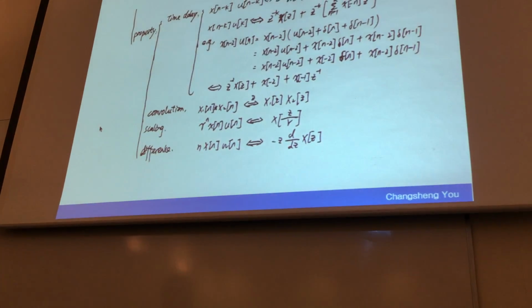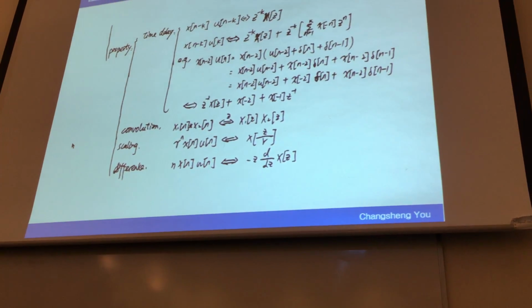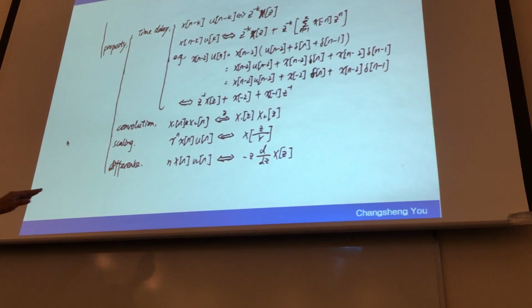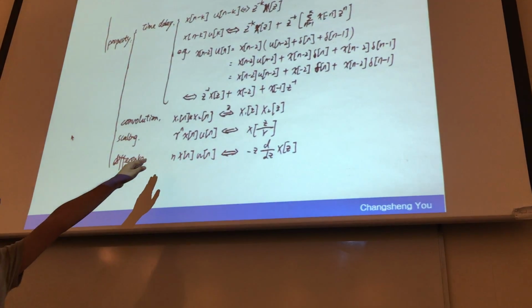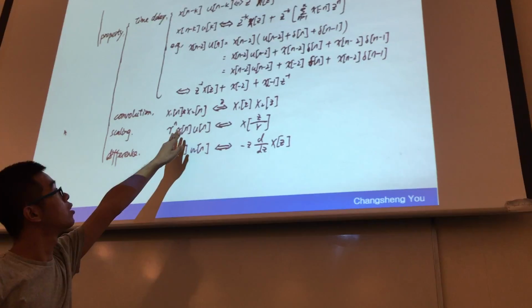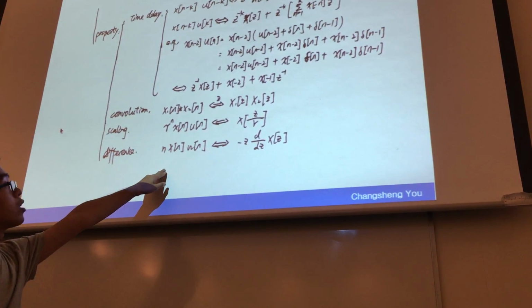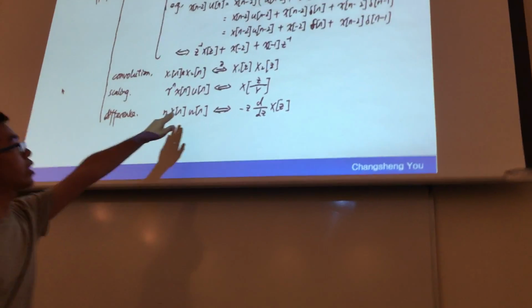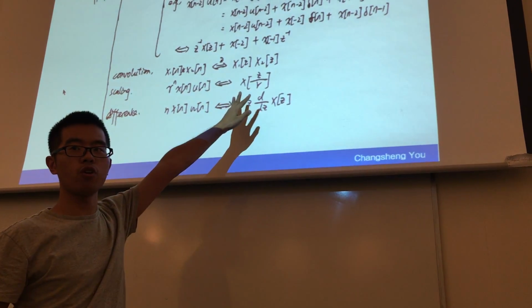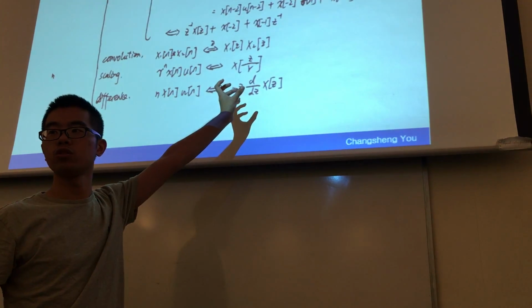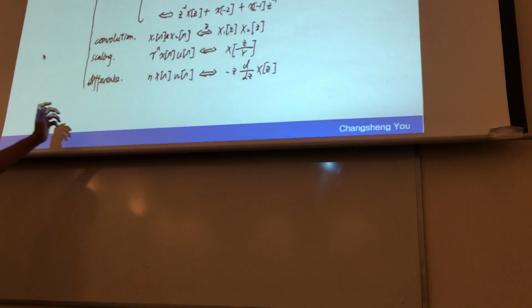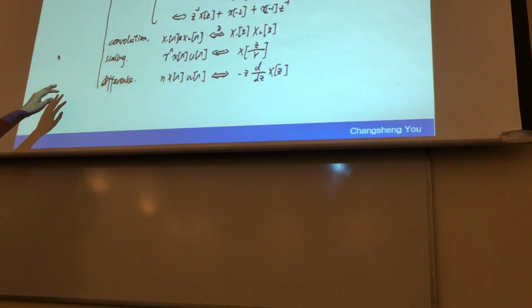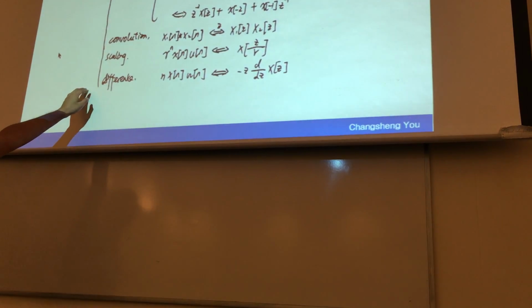The second property is the convolution. This is why we introduce the Z transform here, because the output actually is the convolution of the input and the system response. So to calculate it, we can just calculate its Z transform and then use the inverse Z transform to find the original output. And this is another property, the scaling.